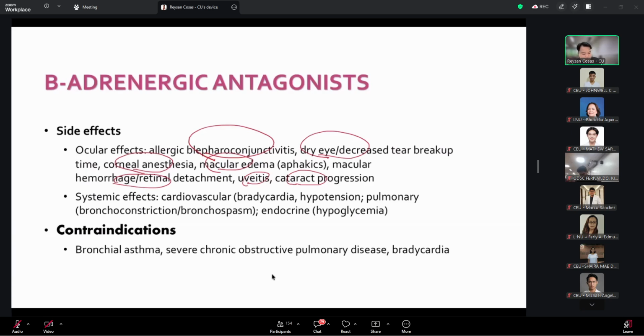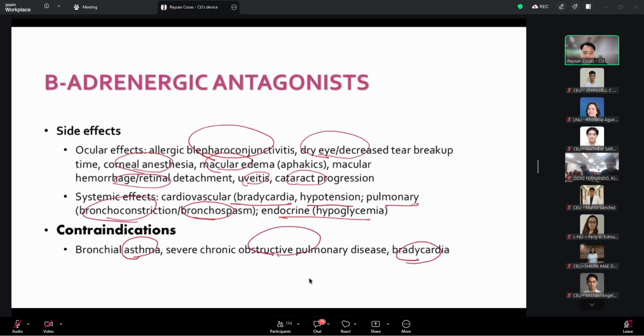Ito po yung mga systemic side effects. Kasi nga beta blocker sila, they act in the heart via beta 1: bradycardia, hypotension. Beta 2 is pulmonary: bronchoconstriction and bronchospasm. And at some point, they can cause hypoglycemia. So ano po yung mga contraindication natin for the beta blockers? Of course, for the non-selective beta blockers, asthma and COPD, and patients with bradycardia.